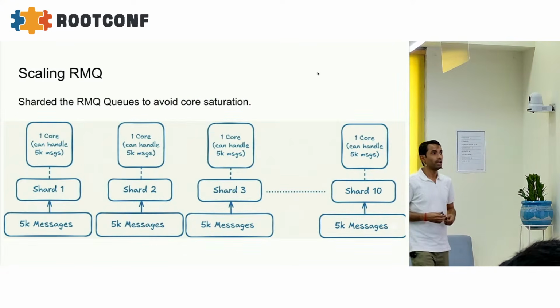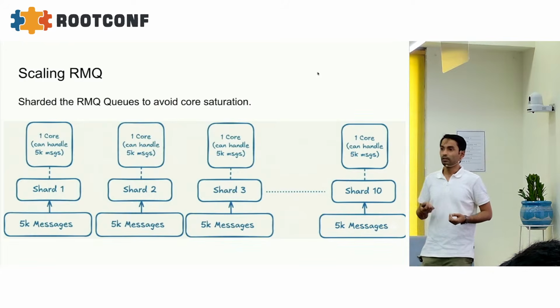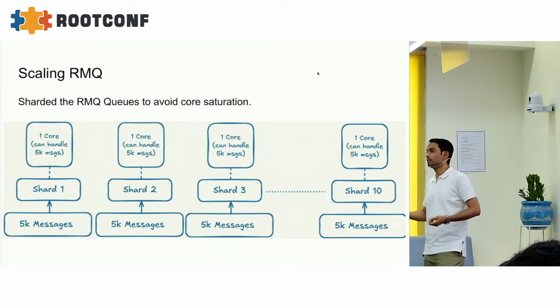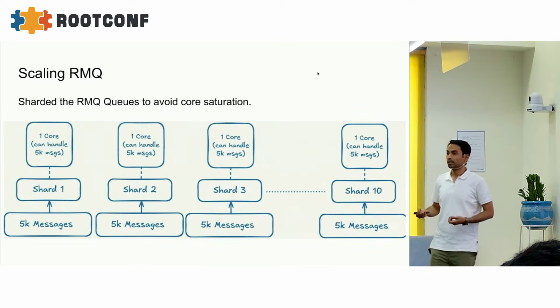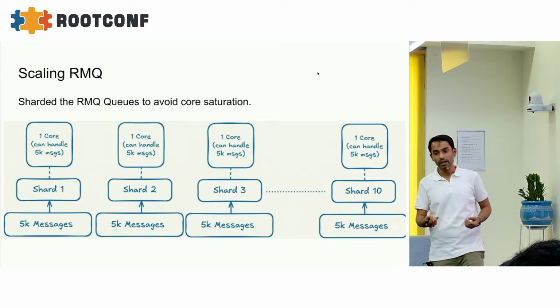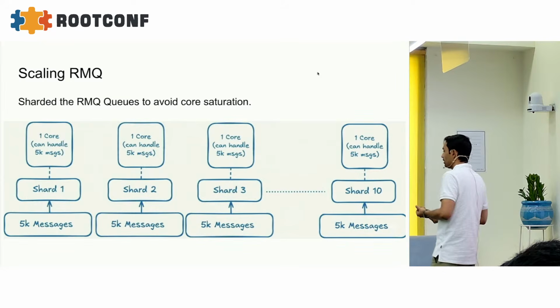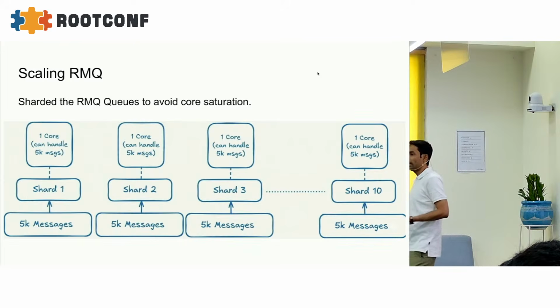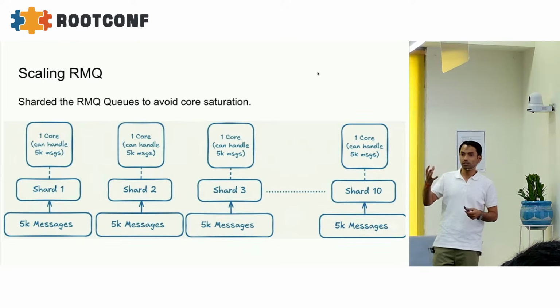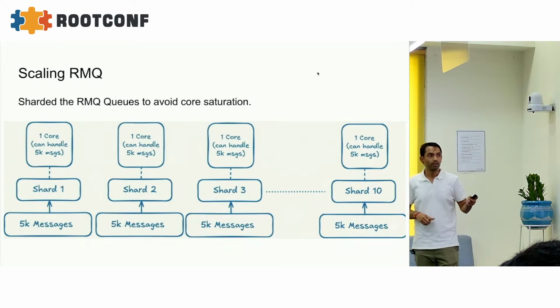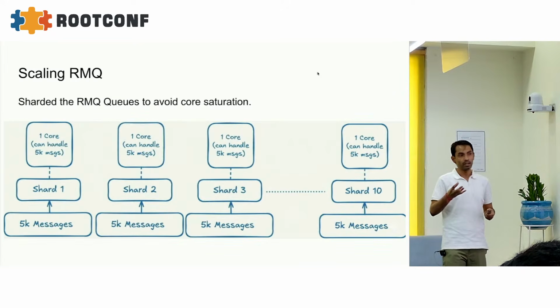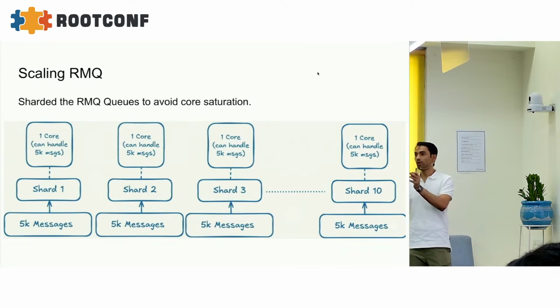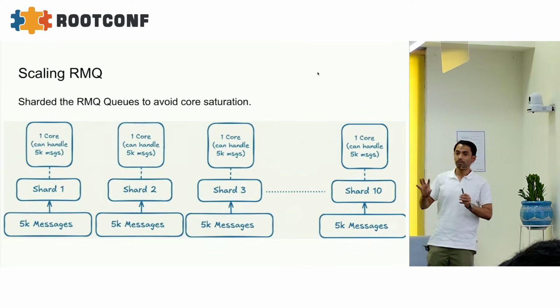Second thing, how we scaled RMQ: we found that RabbitMQ queues are very CPU bound after a certain RPS. Each queue was getting mapped to a single core because RabbitMQ is based on Erlang, and the way it works is each queue is mapped as a process, and that process is pinned to a core. So per queue, there is a fundamental limit to which we can push.